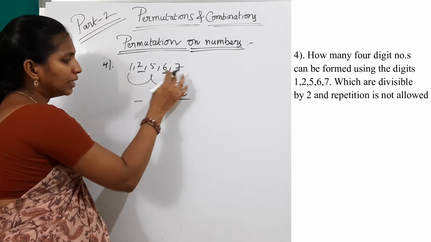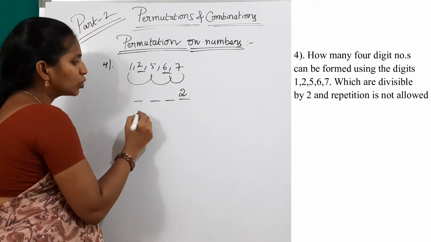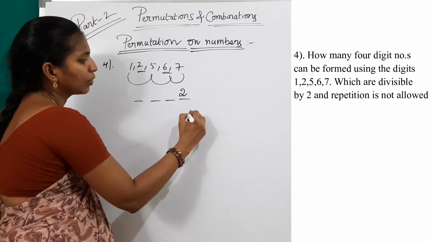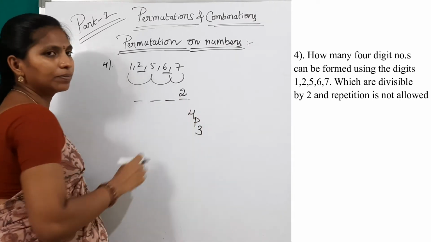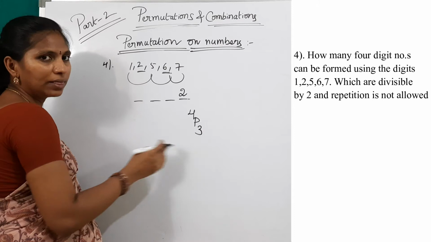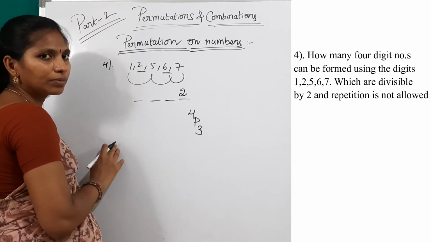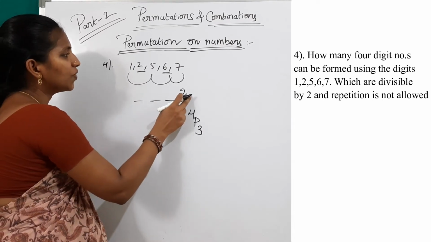4 digits and 3 places, so what is the result? 4P3 by using the formula. Or in the normal procedure, 2 is fixed here.